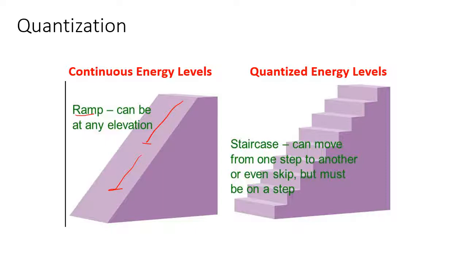Quantized values are going to be determined based upon where I can stop on the staircase. I could be on this step, or I could be on this step, but I can never be at half a step. I could be at any step along the way, but I can only stop at those discrete specific values. That's what quantization is.